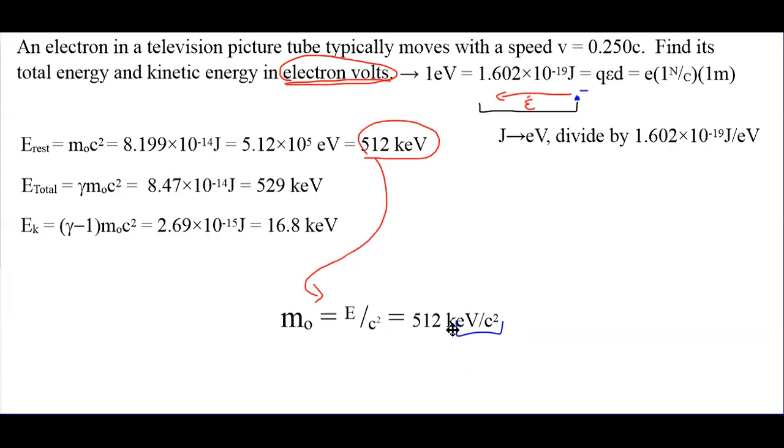All right, so 512 kilo electron volts per speed of light squared is kind of how physicists remember the mass of an electron if we're not using kilograms. And the reason why they like doing this is because you're not having to remember two numbers. You don't have to remember that the energy is 8.2 times 10 to the negative 14 joules. You don't have to remember that the mass is 9.11 times 10 to the negative 31 kilograms.